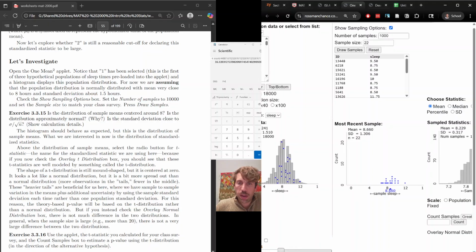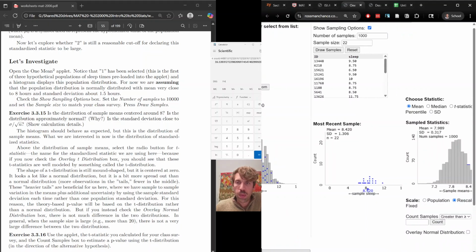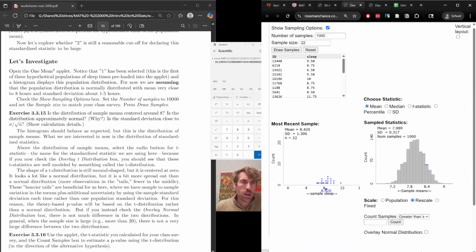I need to make sure I get that back all the way to 0 perfectly, or pretty close. There we go. You can use the arrows to get it perfectly. All right, there we go. Otherwise, the mean would have been a little bit off, which would have been not good.